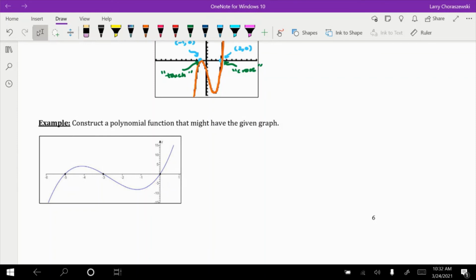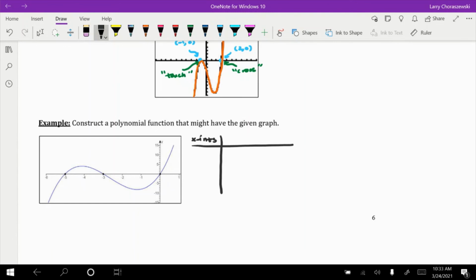Now, how many x-intercepts are we seeing on this graph? We've got 3 of them. Perhaps I'll do this in a table format. There are going to be a few columns in this table. The first column will consist of the x-intercepts, and I'll write them out as ordered pairs.